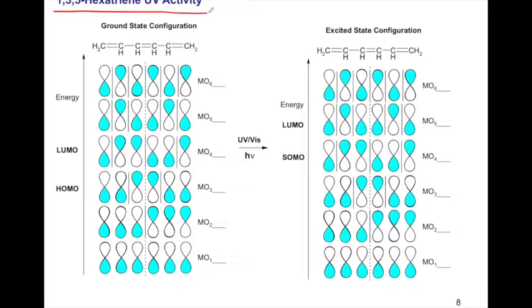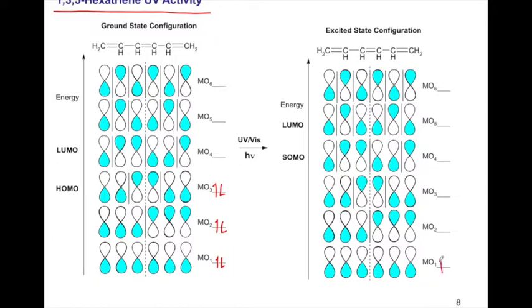Okay, so then I'm going back to linear conjugated pi bonding. This one's the 1,3,5-hexatriene. How many pi electrons does this guy have? 2, 4, 6. So let's fill it in. 2, 4, 6. When the right energy ultraviolet or visible light hits this, it'll promote one of the electrons up.